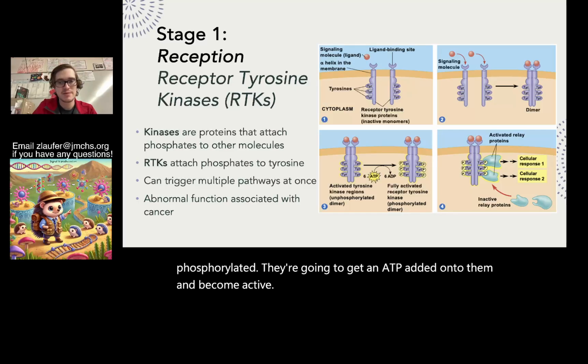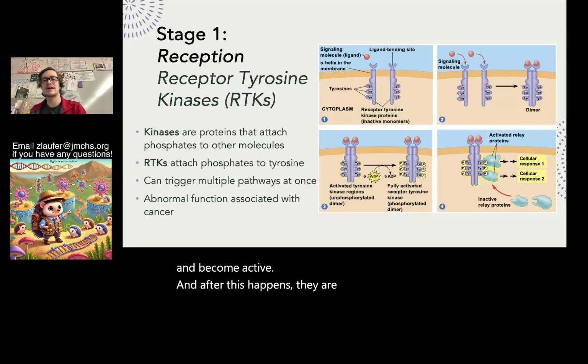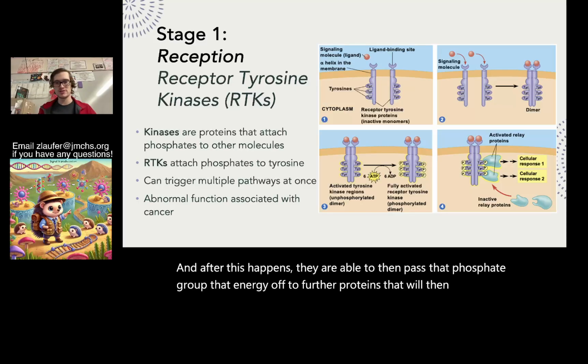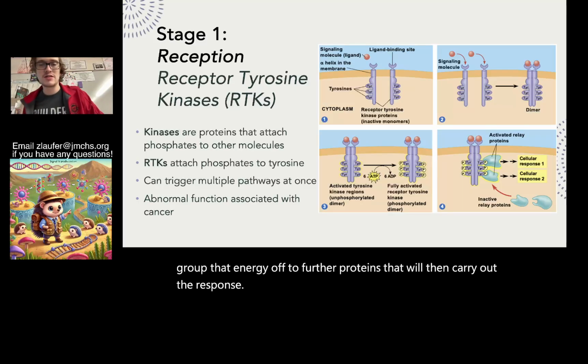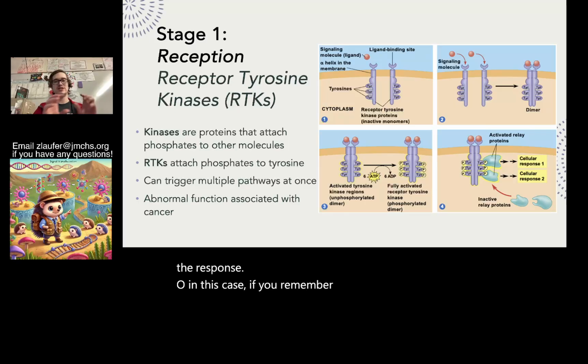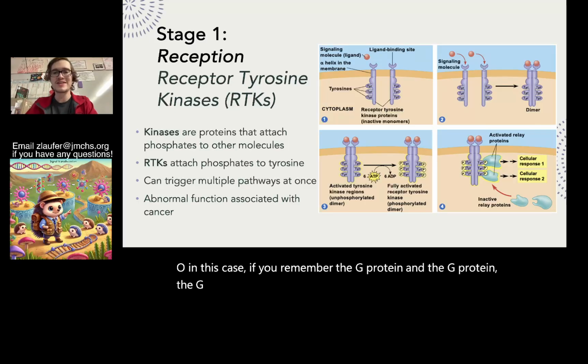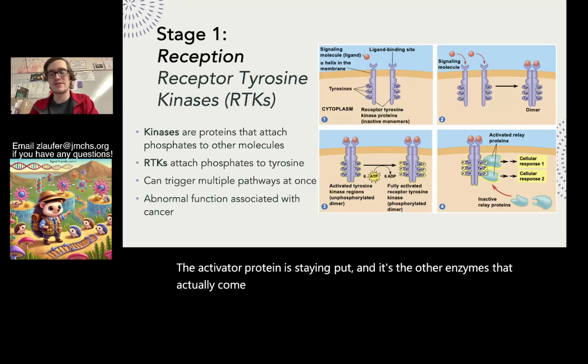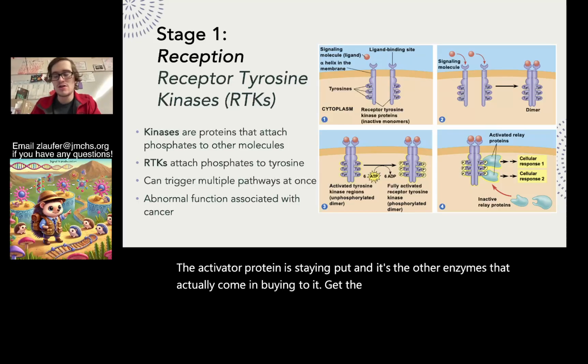And after this happens, they are able to then pass that phosphate group, that energy, off to further proteins that will then carry out the response. So in this case, if you remember the G protein and the G protein itself was moving to activate the next enzymes, in this case, the activator protein is staying put, and it's the other enzymes that actually come in, bind to it, get the phosphate, are activated, and move away.